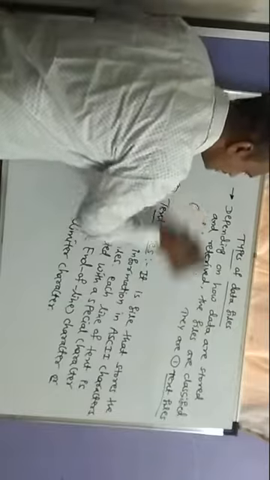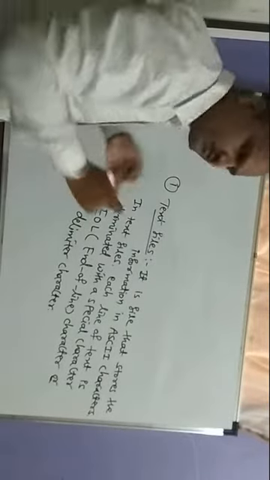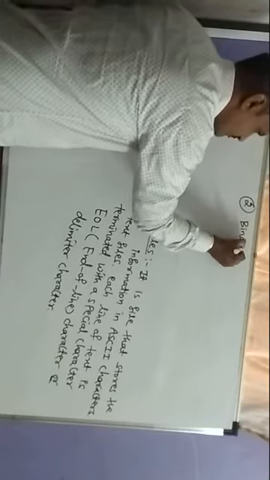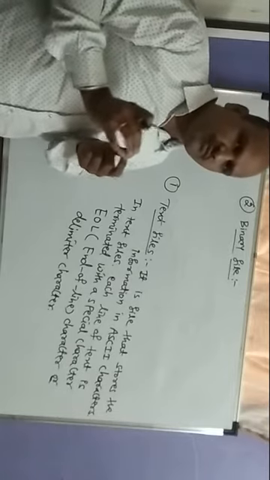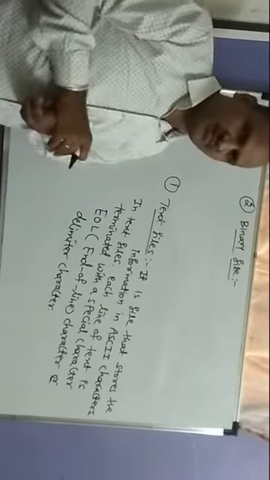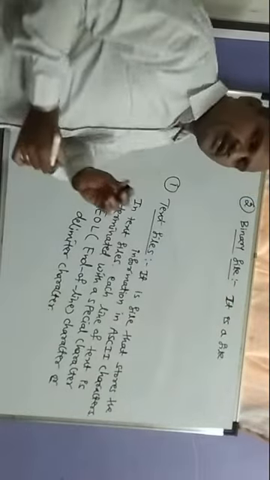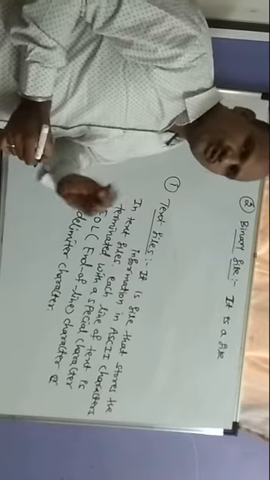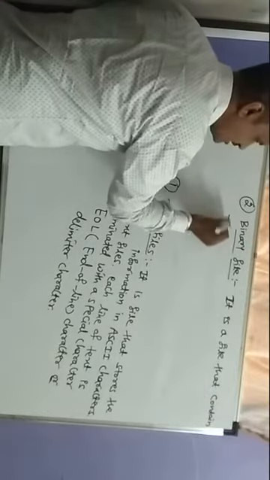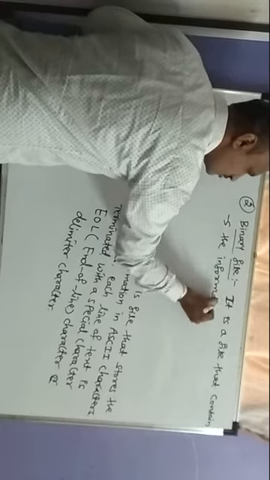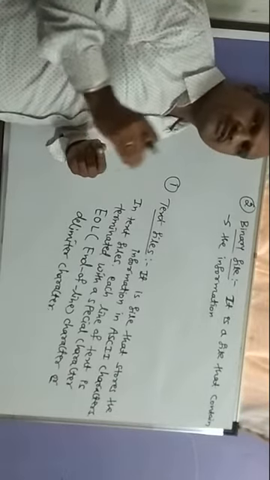The second one is the binary file. A binary file contains the information in the same format as it is held in the memory.